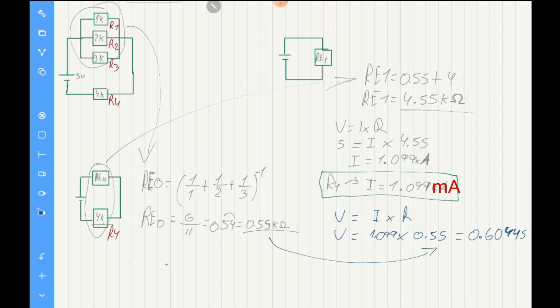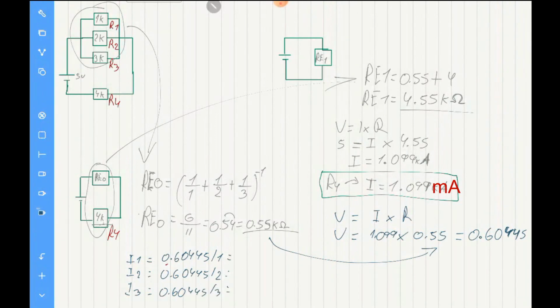I1, I2, and I3. I1 will be equal to 0.60445 over 1, I2 is 0.60445 over 2, and I3 is 0.60445 over 3.